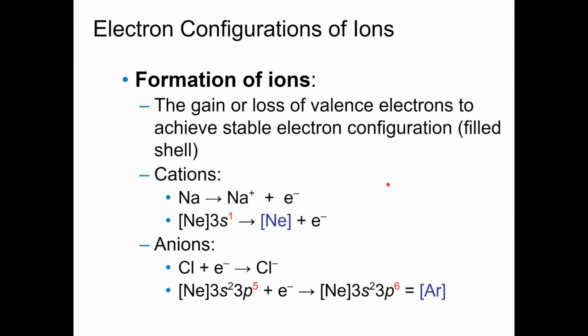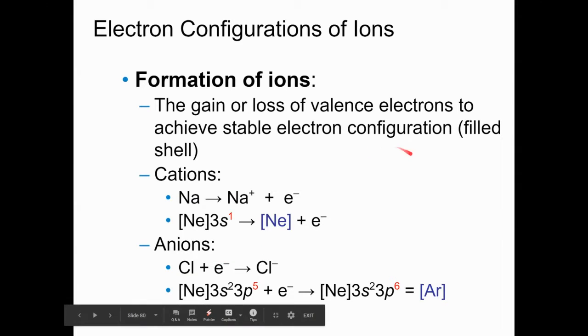All right, so then we can also look at the formation of ions, and we can write electron configurations for ions. So this is the gain or loss of valence electrons to achieve stable electron configuration. So those cations, remember we at the very first or second week discussed that sodium forms a +1 because it loses an electron. And once it loses that one electron, then its electron configuration looks like neon, one of the noble gases, so it's more stable.